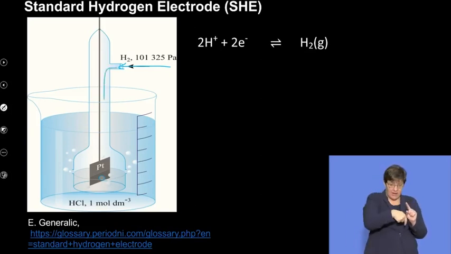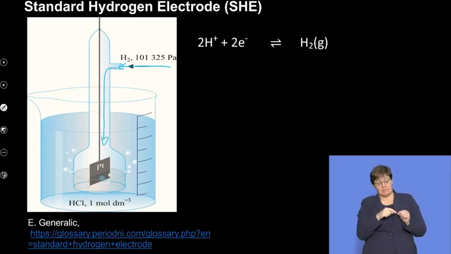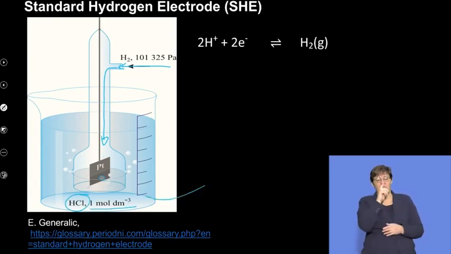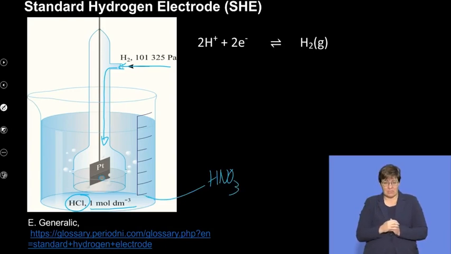It runs down here. There's the platinum electrode, and it's going to get into the liquid. The liquid is hydrochloric acid of 1 mole per decimeter cubed. I've also seen nitric acid being used. So as long as it's just one molar hydrogen ion being available, then that is the standard hydrogen electrode.